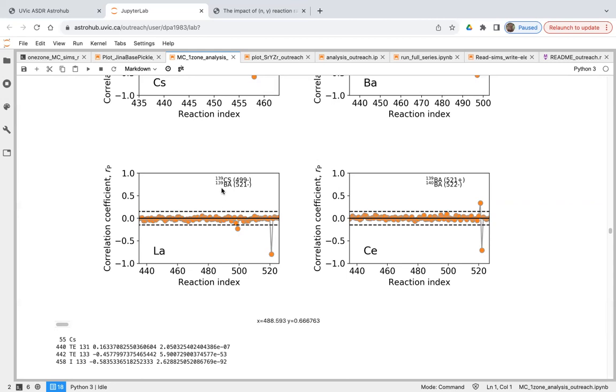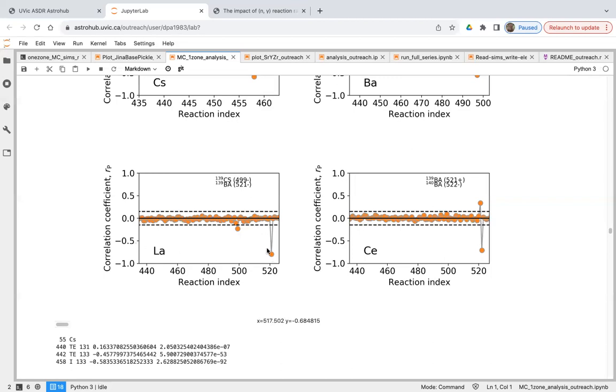But for barium-139 and gamma, the correlation coefficient is relatively high, close to 0.8. So just by looking at this panel, we can say that the uncertainty of the reaction barium-139 and gamma has a strong impact on the predicted abundance of lanthanum, because we see a very high correlation coefficient.